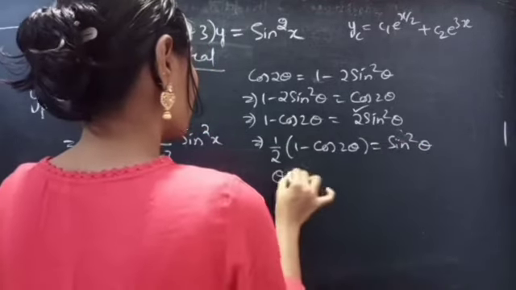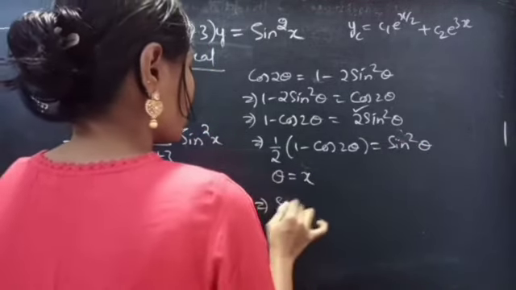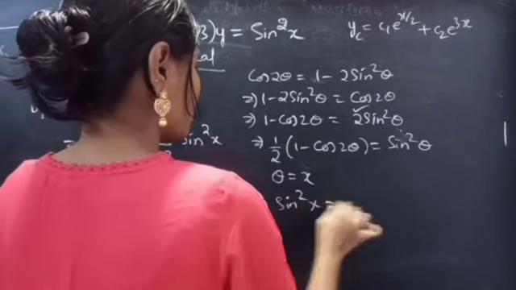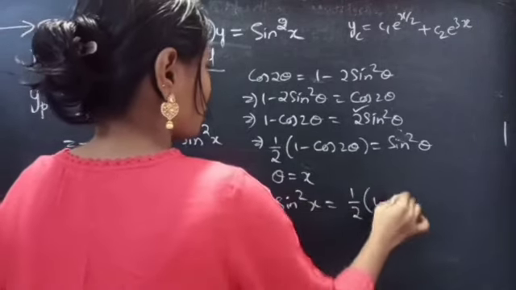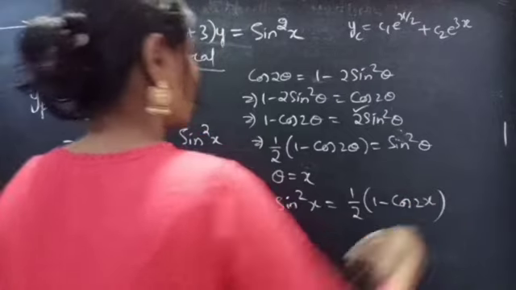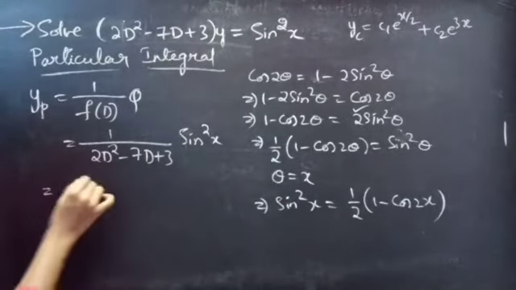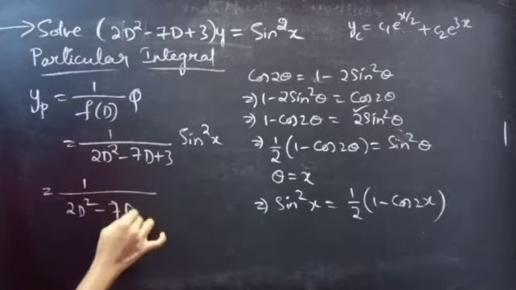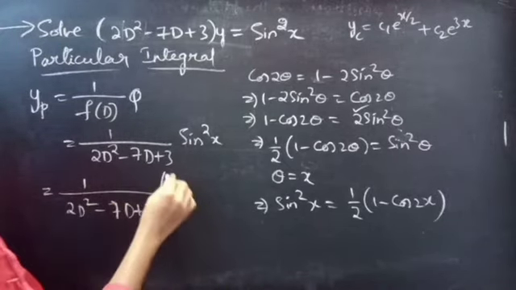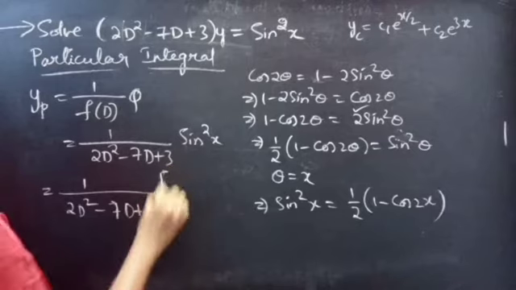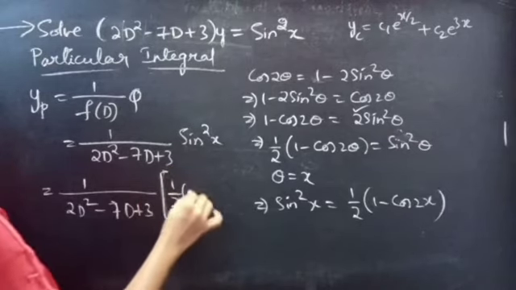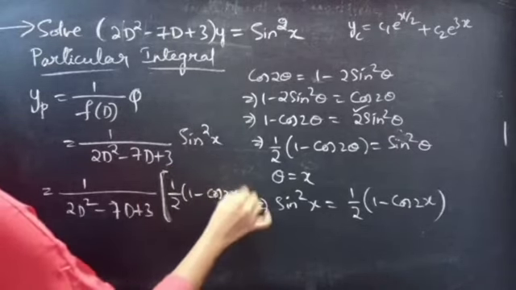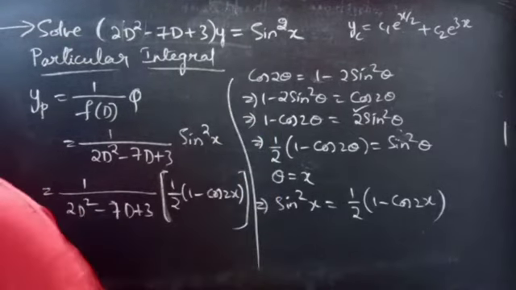Now for theta equals x, we'll get sine square x equals 1 by 2 into 1 minus cos 2x, right? So, replace Q by 1 by 2 into 1 minus cos 2x.